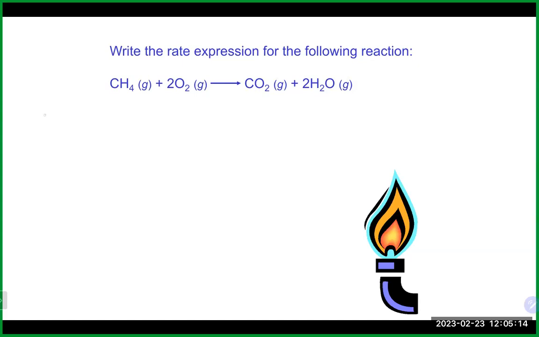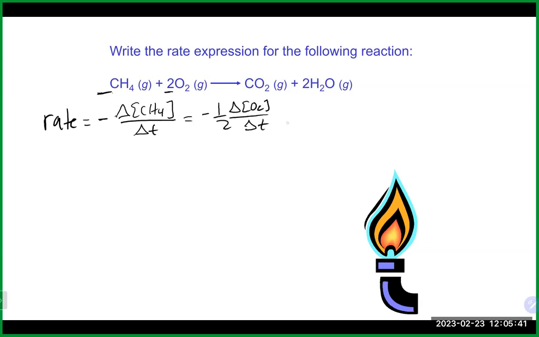So we could write here the rate is equal to, we'll start here on the reactant side, coefficient is 1. We are going to put a negative because it's a reactant. The change in the concentration of CH4 over the change in time. That would then equal our coefficient here for our other reactant, which is a 2. So that would be minus 1 over 2 change in concentration of O2 over the change in time.